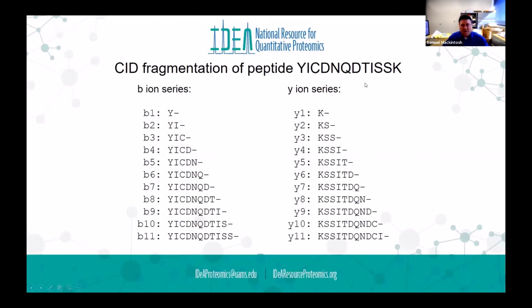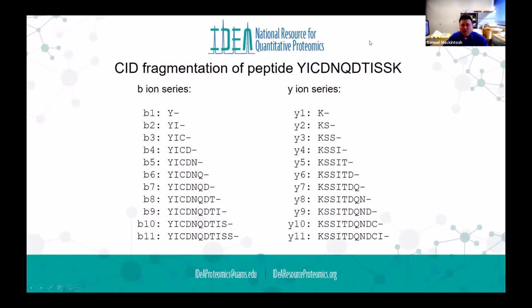To look at a specific peptide, this is the result of that process. We've isolated this peptide sequence here at the top and fragmented it by CID. These are all of the possible B and Y ion products of that fragmentation that you can see. Each peptide is broken in one place.